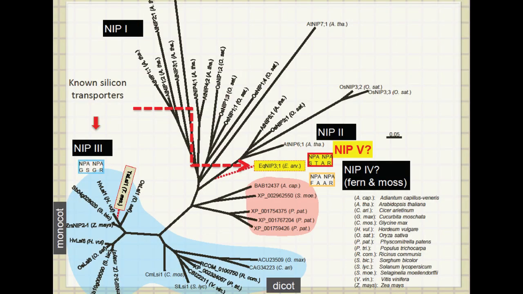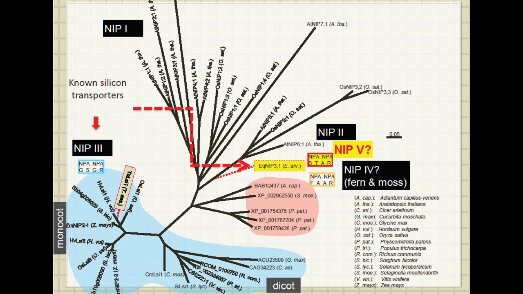So where does it fit in the overall picture that we've been developing? It turns out to be on quite a different branch. I mentioned that instead of fitting nicely in the NIP3 group where all these other ones are, it fits on quite a separate branch up here in these other NIP2s. And those that have been characterized in this group are not silicon transporters. So there's something doubly unique or novel in residing in this branch and still being a silicon transporter.